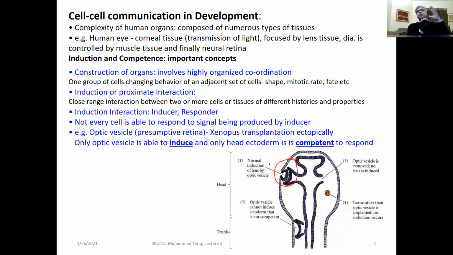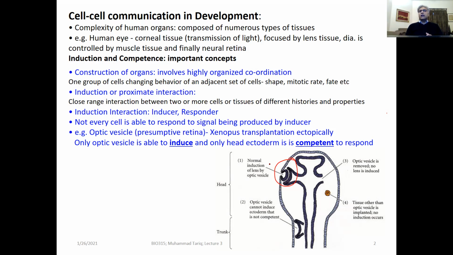Now, this responder needs to be competent. Competent means it should have the factors which not only receive the signal, but also generate an appropriate response to the specific signal which is coming.